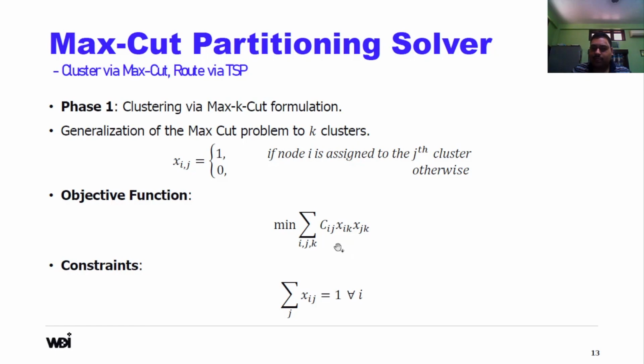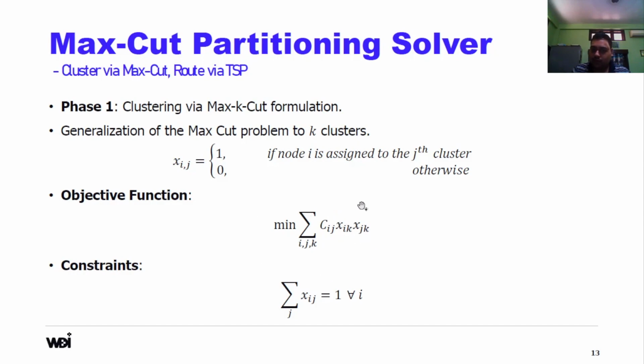And if they are actually assigned to the same cluster, we add Cij to the total sum, and we then minimize over this sum. So this sum is essentially the sum over the weights of edges between nodes in the same cluster. Minimizing this sum is essentially equivalent to maximizing the sum of the weights of edges between nodes in different clusters.